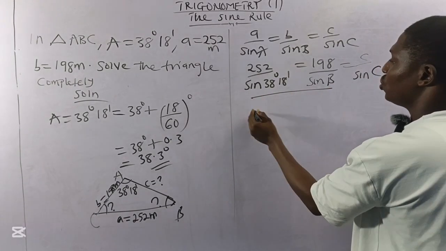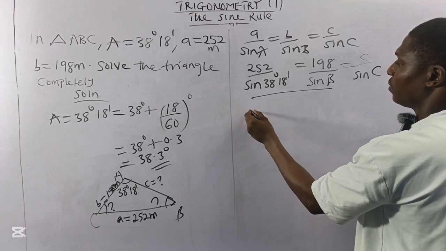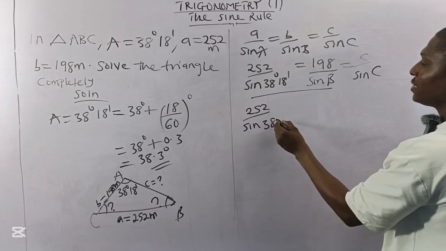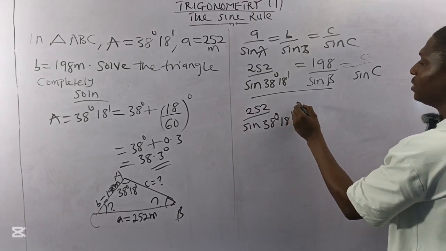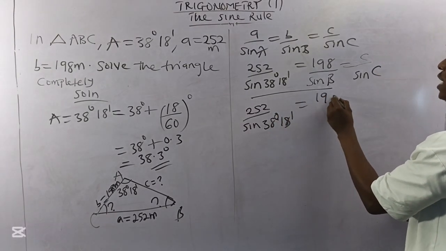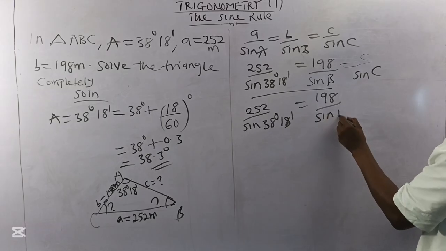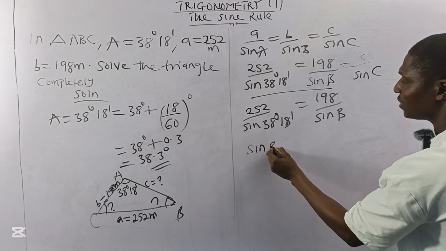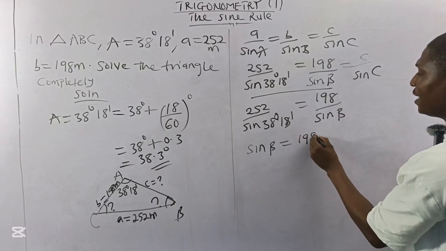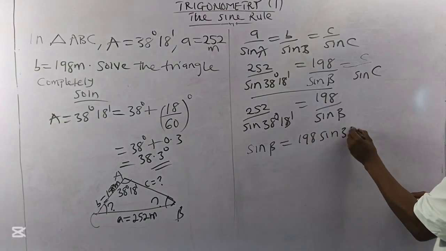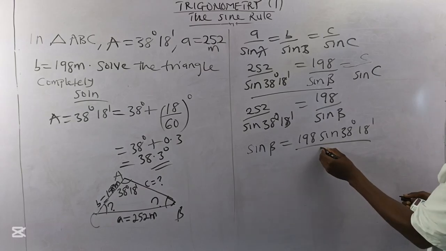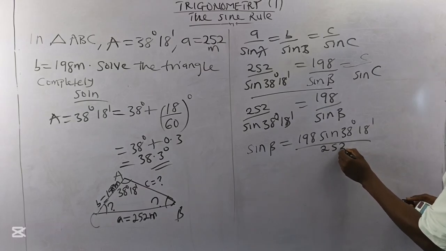Simply, if I'm using these two, I will have 252 over sine 38 degrees, 18 minutes equals 198 over sine B. If I cross multiply to make sine B the subject of the formula, I have sine B equals 198 sine 38 degrees, 18 minutes all over 252.